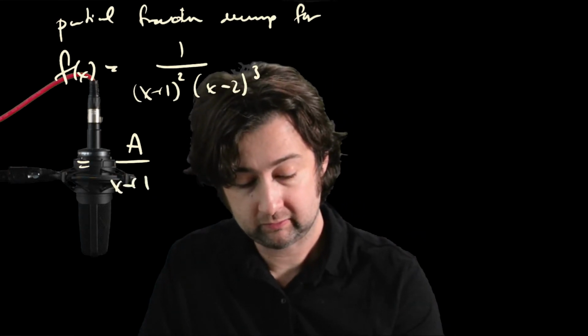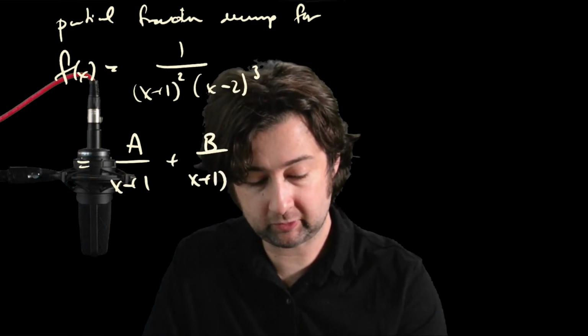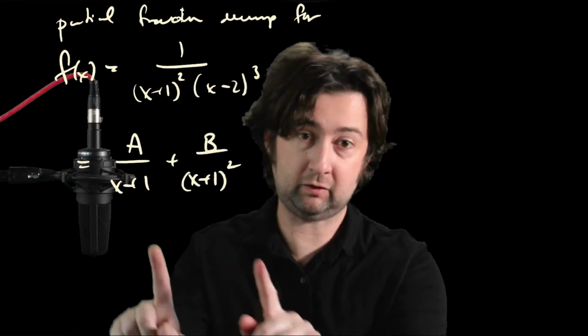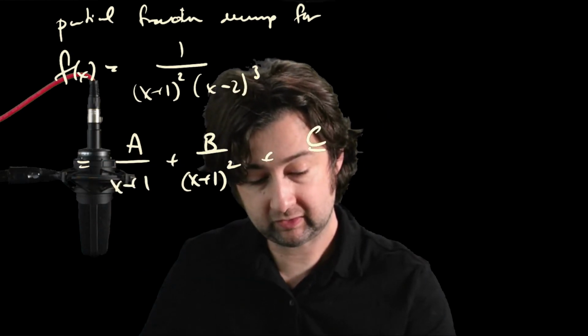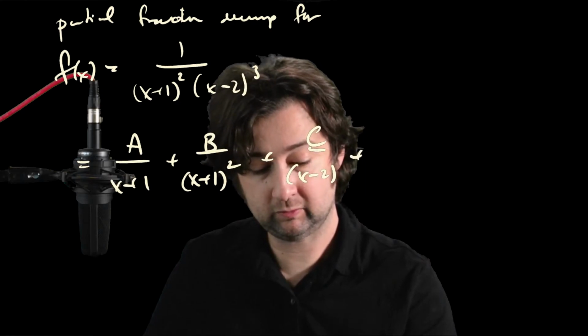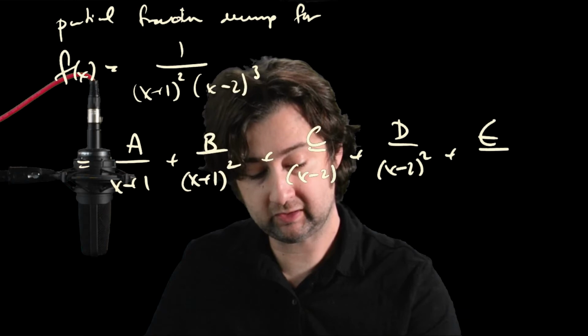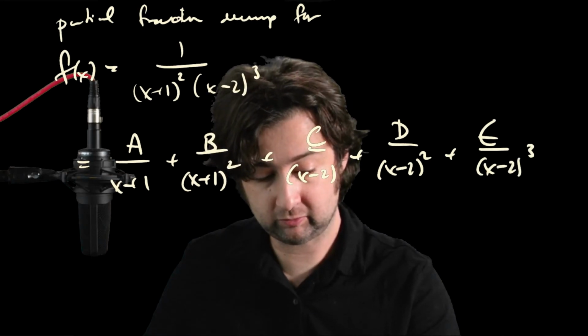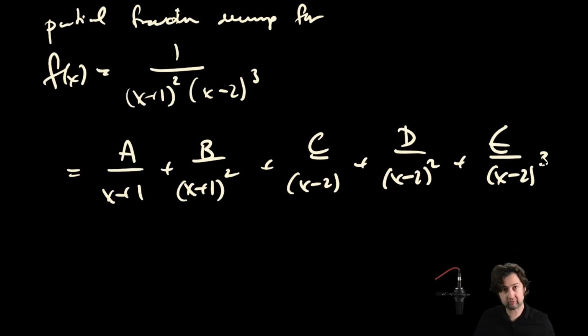So a over x plus 1 plus b over x plus 1 squared to account for the 2 repetitions, plus c over x minus 2 plus d over x minus 2 squared plus e over x minus 2 cubed. 1, 2, 3 copies based on the power of the repetition.